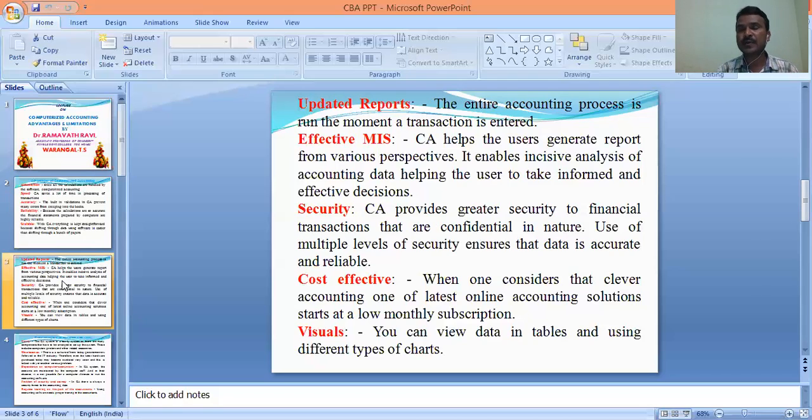Multiple levels of security means, for example, from the bottom level to the top level, the clerical duty, the accountant's duty, is only to enter the transaction. Beyond that, he cannot access anything. He can access only entering the transaction.